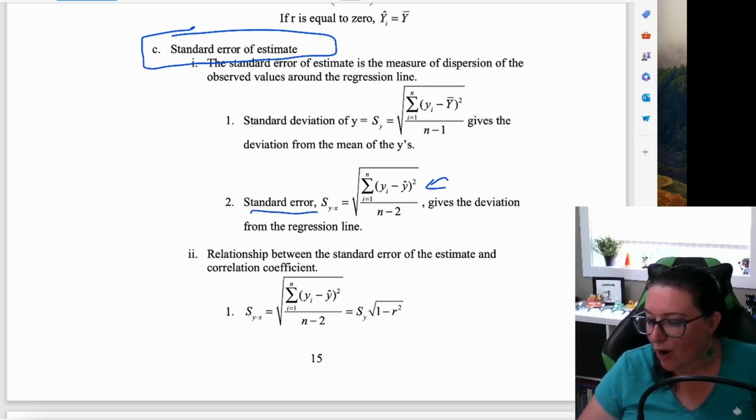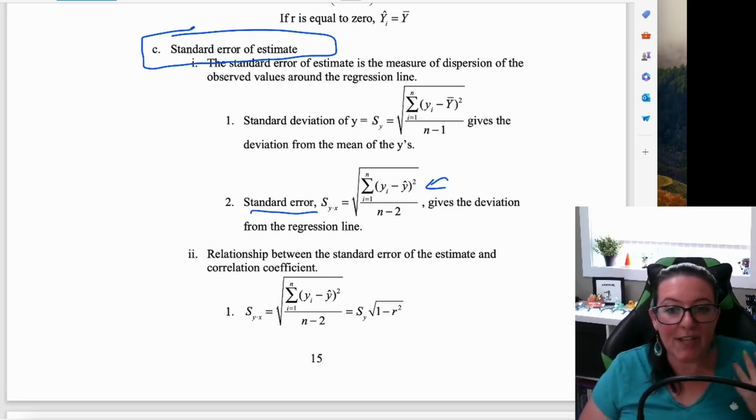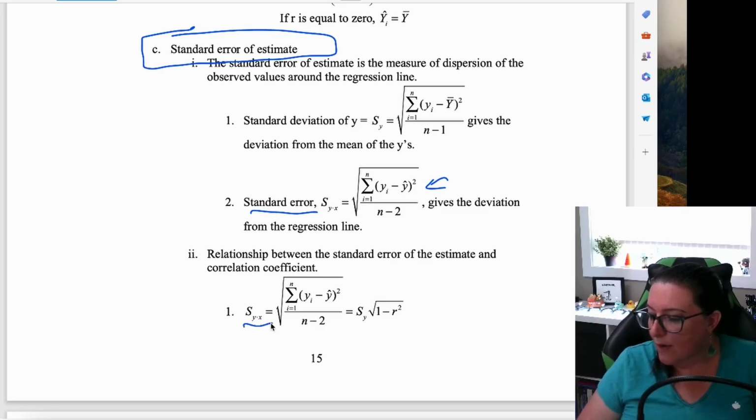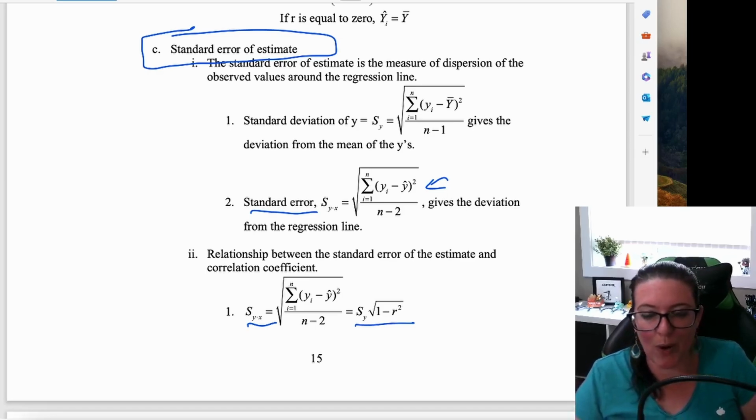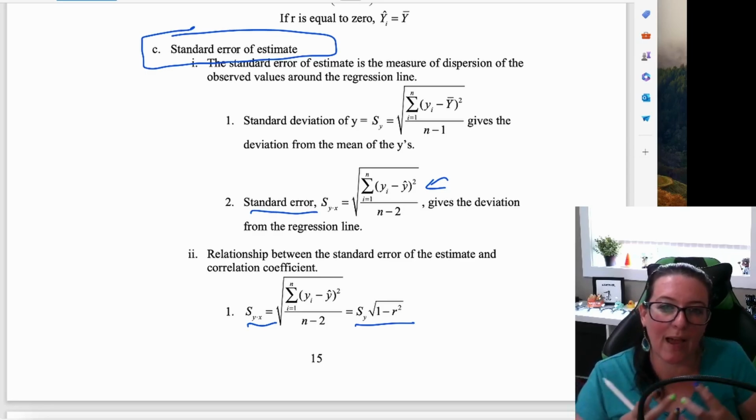Okay, so we're getting our standard error. Our standard error is related to the correlation. You can see here that standard error is equal to the standard deviation times the square root of 1 minus r squared.